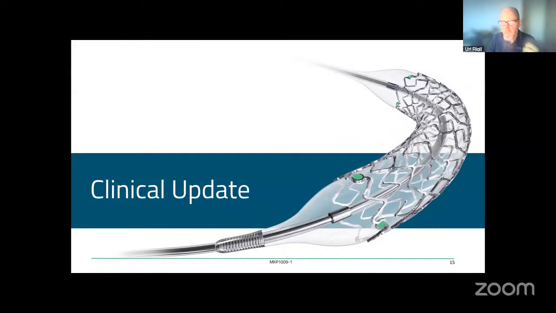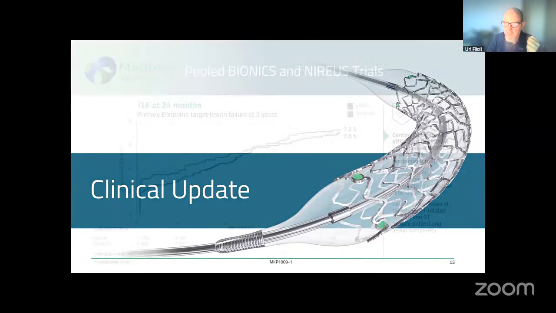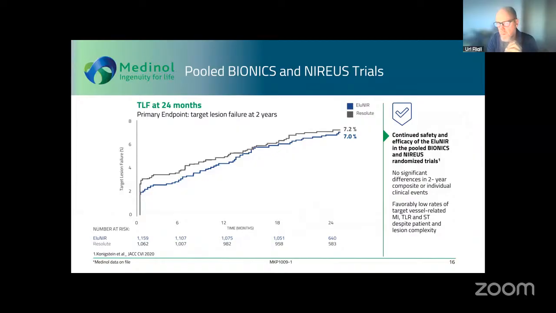So moving quickly to our clinical update, here is the TLF of our pooled Bionics and Nereus clinical trials. These two clinical trials have combined for about 1,000 patients in each arm. They were regulatory trials aimed to pass both the FDA and the CE marking.